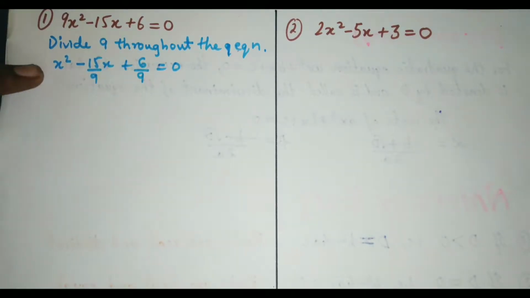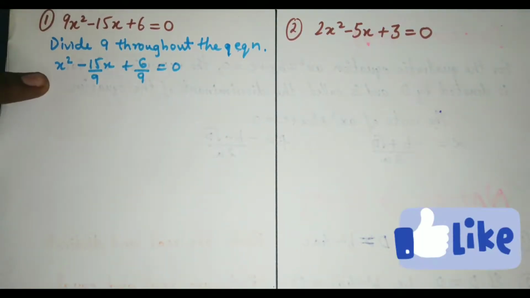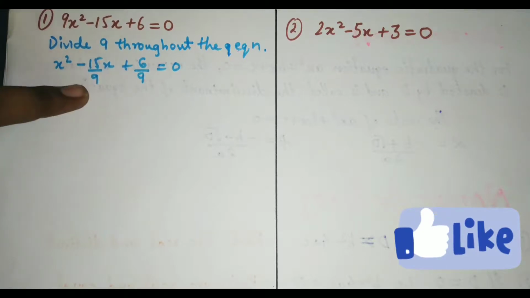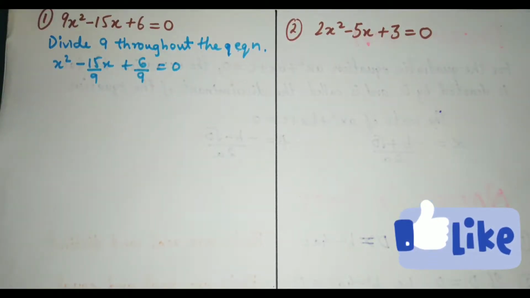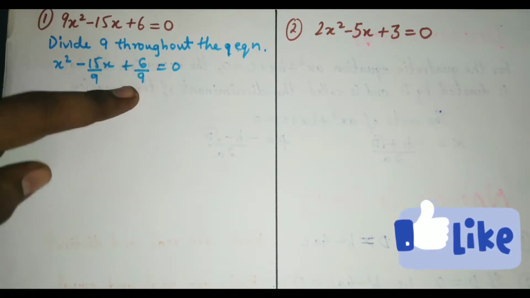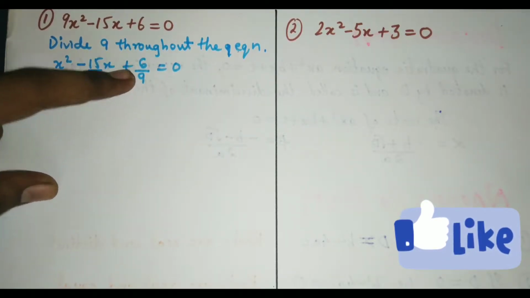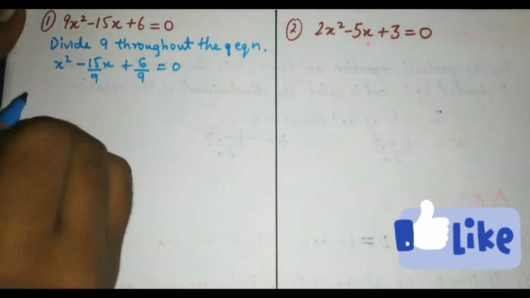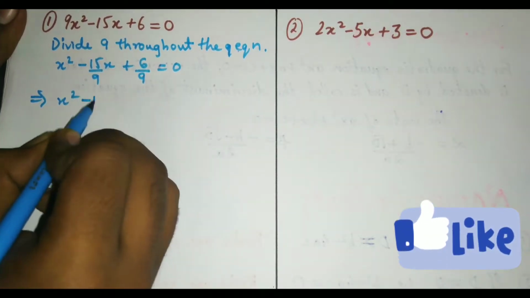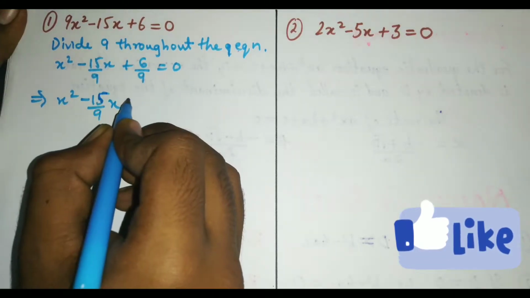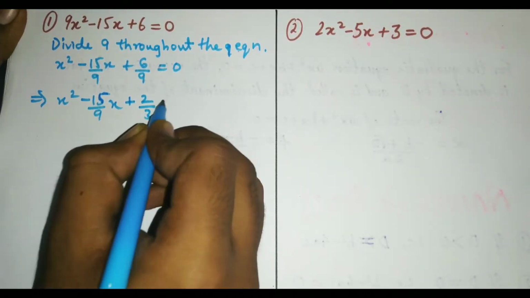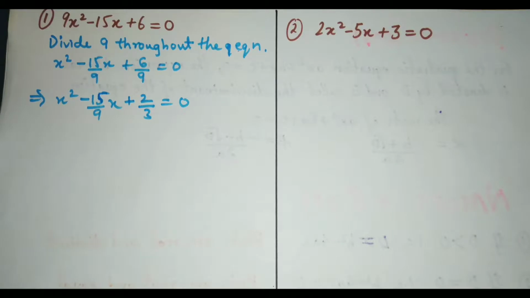So when you divide by 9, this becomes unity, that means 1, this becomes 15 by 9, and this becomes 6 by 9 equal to 0. And you can see here, you can simplify this, you can cancel it by 3. So 3 2s are 6, 3 3s are 9. So you can write it as x square minus 15 by 9x plus 2 by 3 equal to 0. Now moving on to the third step.